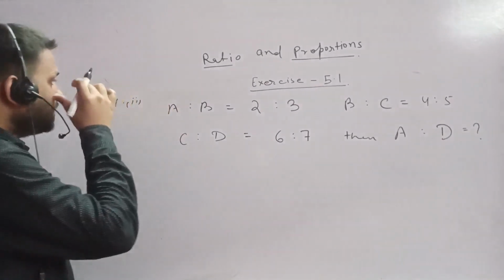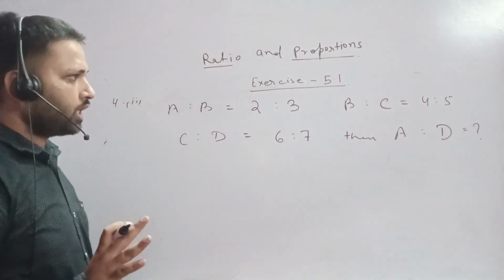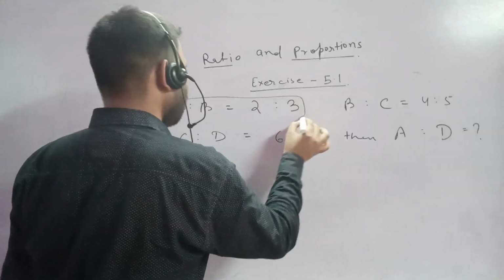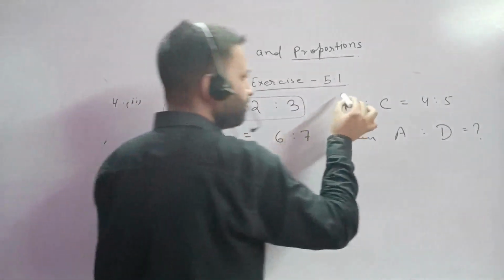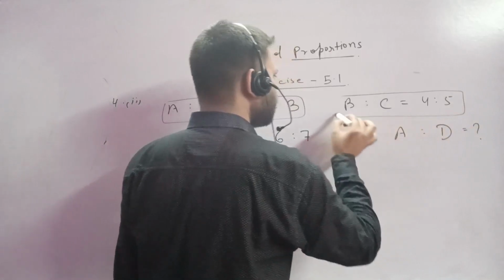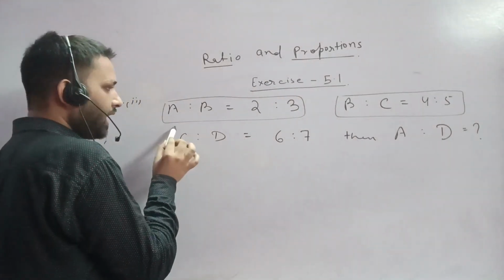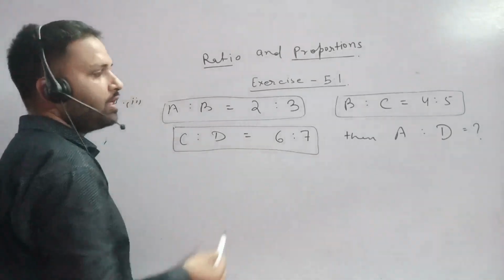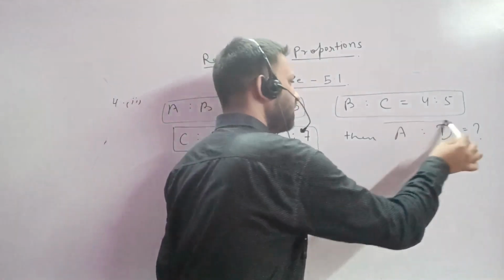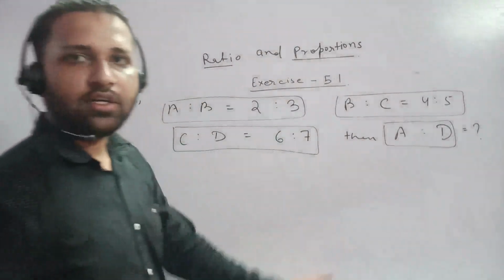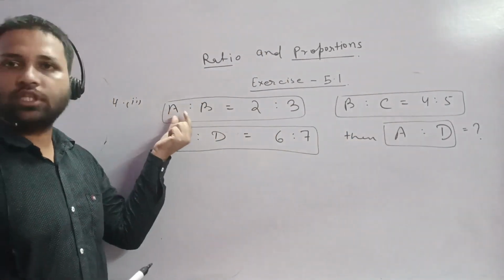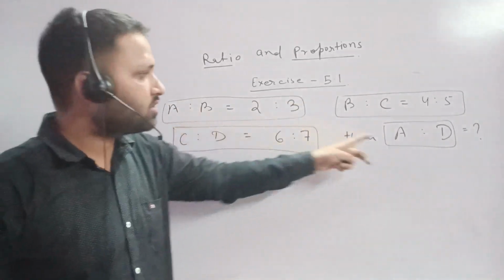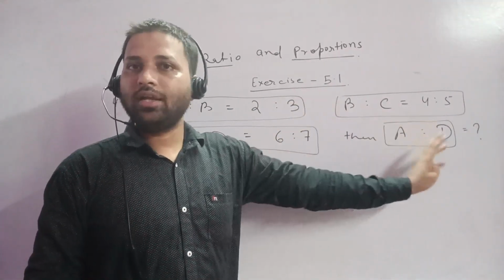Here A is to B is given, that is the value of the first ratio is given, and B is to C is also given, that is the value of the second ratio is given, and at last the third ratio is given, the value of C is to D is given. We have to find A is to D. Here A is the antecedent of the first ratio, and D is the consequent of the last ratio.